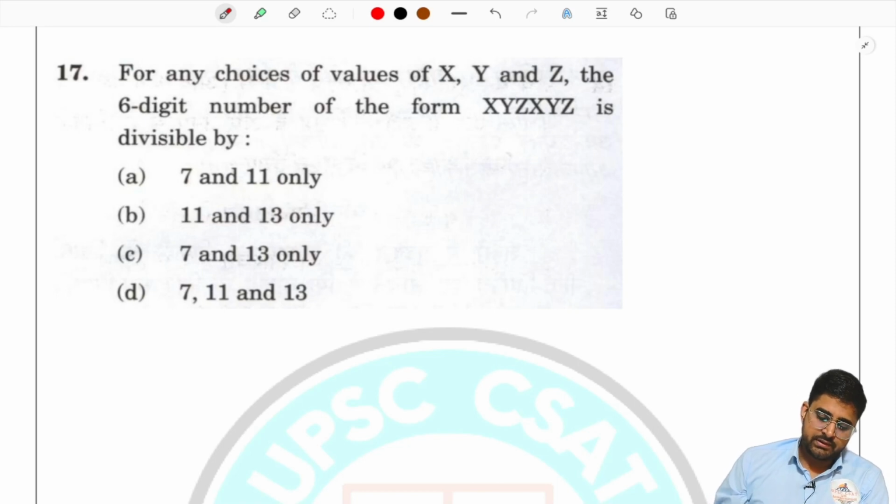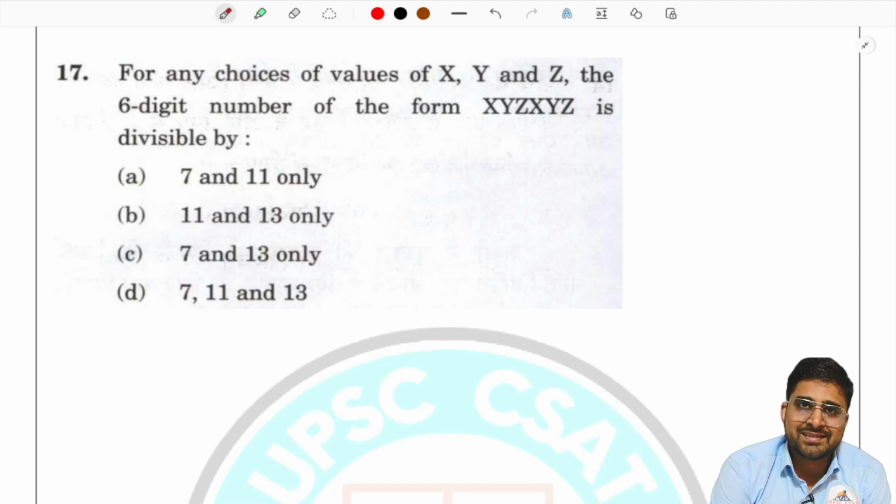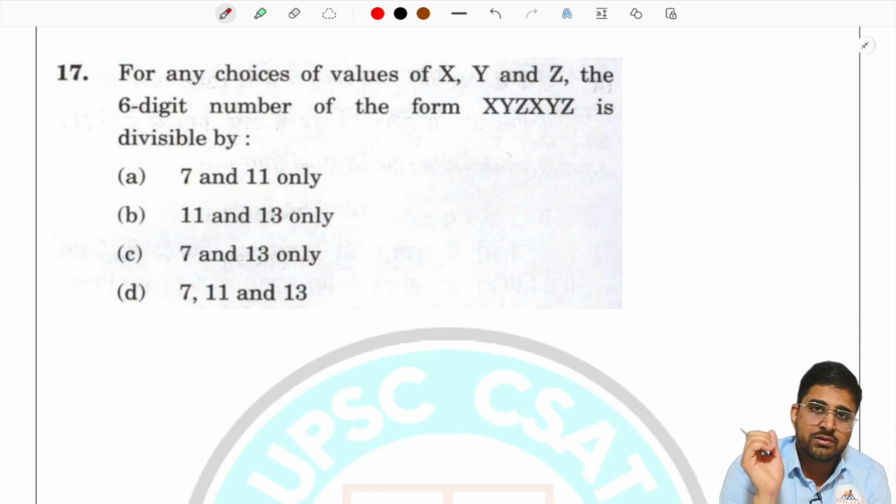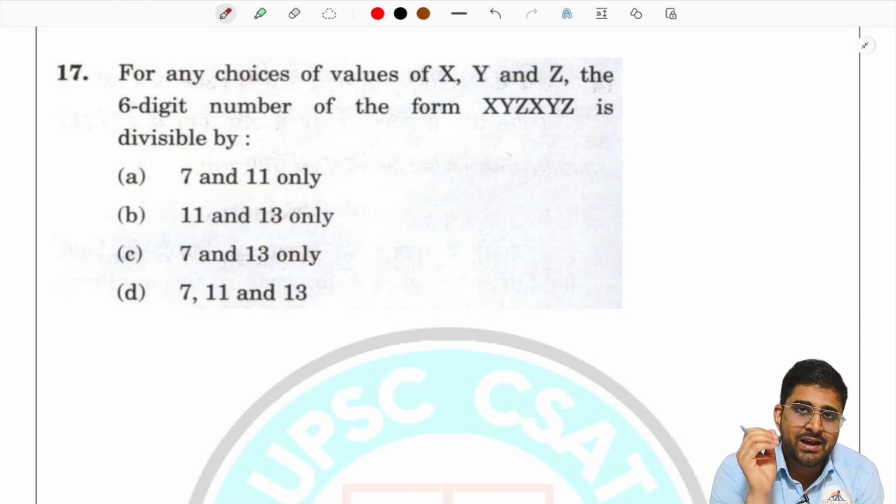This is a very basic question, and it will be solved in 30 seconds if you have read the question carefully. For any choices of value of x, y, and z, the 6-digit number of the form xyzxyz is divisible by. This is a very standard question, and this kind of question comes in your SSC examination.